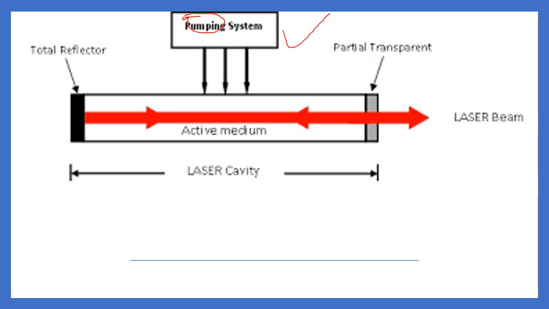Pumping means to send electrons from a lower level to a higher level. Pumping is a process by which we send the electron to excited states.